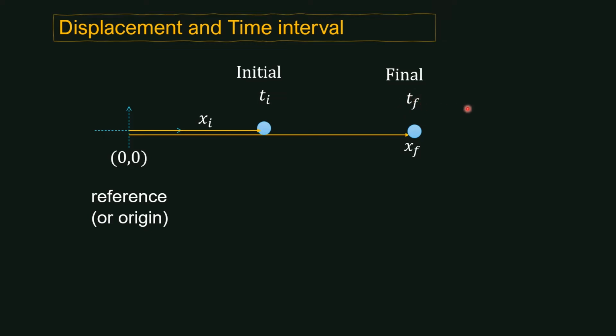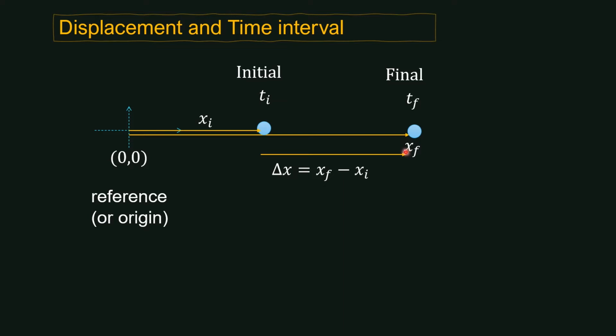When we subtract initial position from final position, we get displacement. Displacement is a vector. Therefore, we draw an arrow starting from initial position to final position to represent the displacement in that direction.